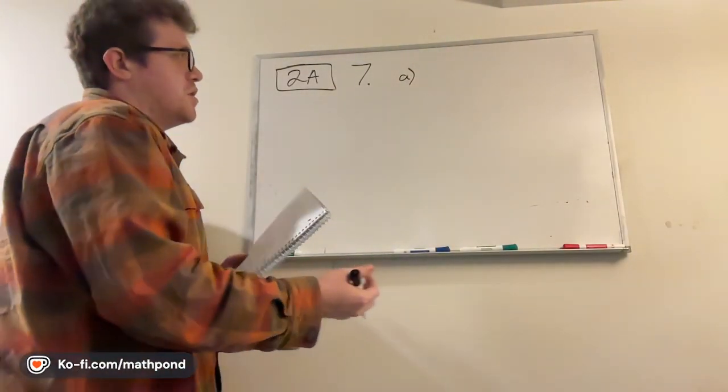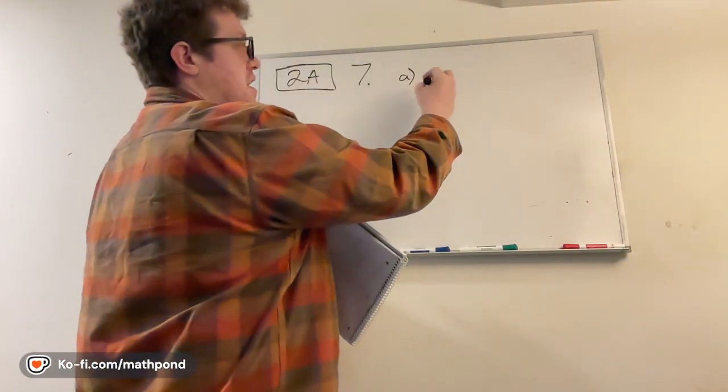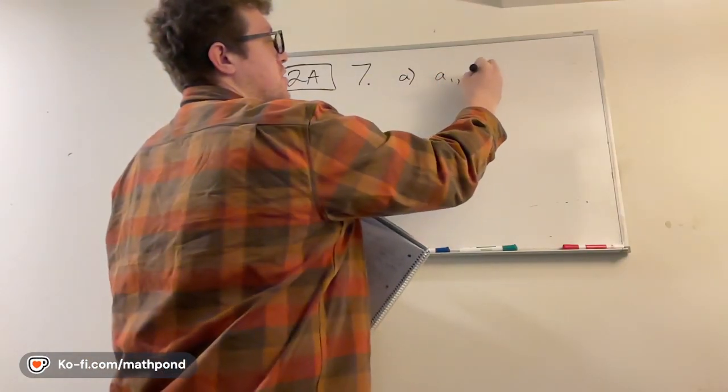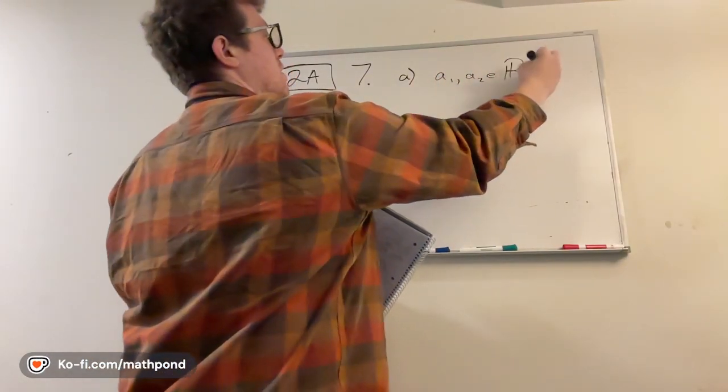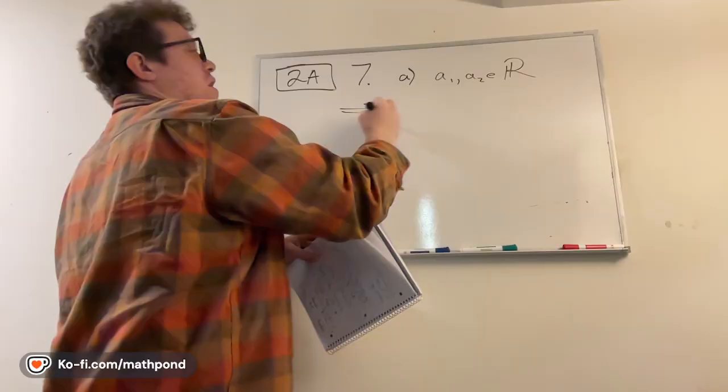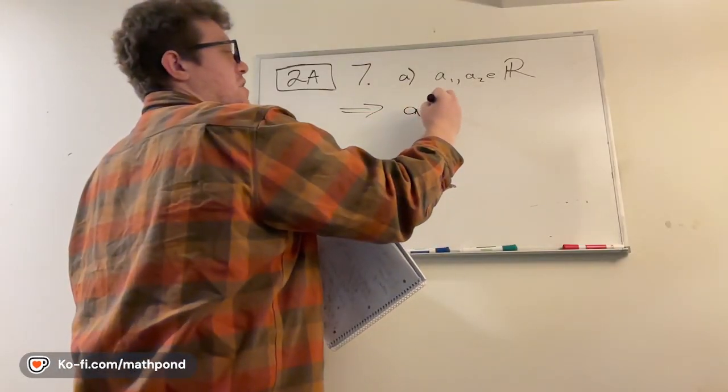To show it's linearly independent, we want to take a1 and a2 to be arbitrary real numbers, and then take a linear combination of those vectors.